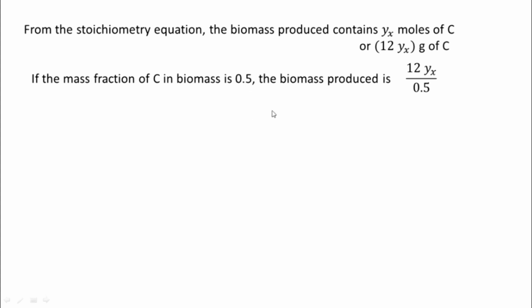If 1 contains 0.5, how much will 12 YX contain? Or in other words, if 0.5 C in biomass corresponds to 1 biomass, how much biomass would 12 YX grams of C correspond to? That will be 12 YX by 0.5.